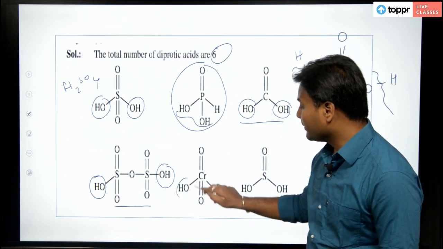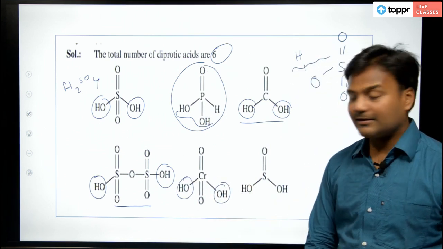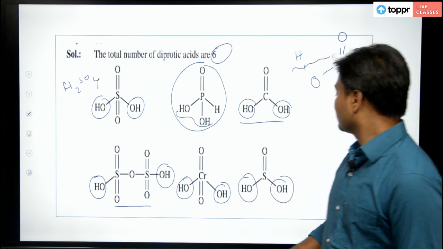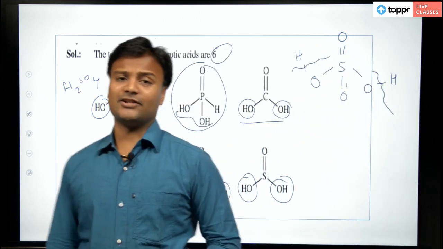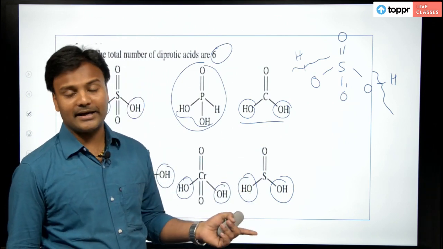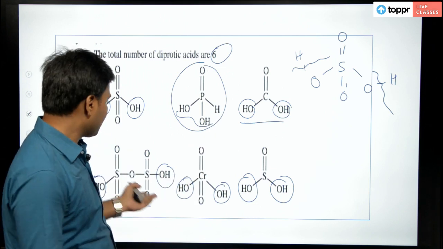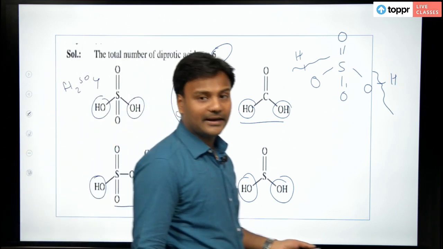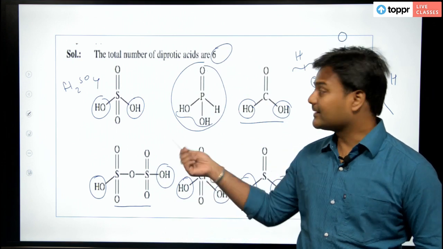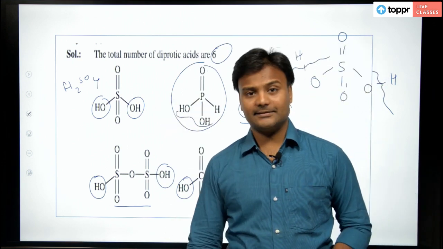Again you have chromic acid, which is a diprotic acid. Here also sulfurous acid, H2SO3. Sulfurous and sulfuric, both are diprotic acids, apart from phosphoric acid and various other chromic acids also. So, these are the examples for diprotic acids.